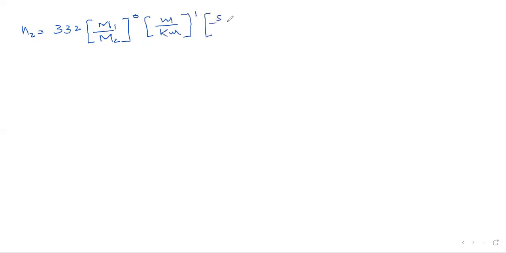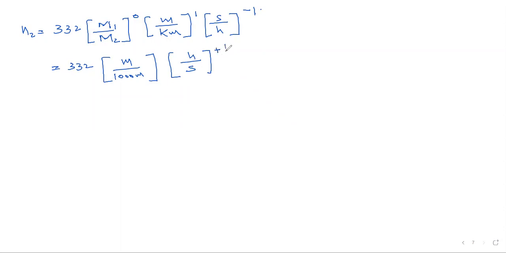This is second over hour whole power -1. This is 332 meter, and now I convert the kilometer into the meter. This is 1000 meter. First you see this is second upon hour whole power -1, so I am mentioning it as hour upon second whole power 1.